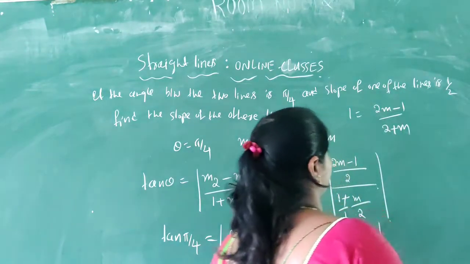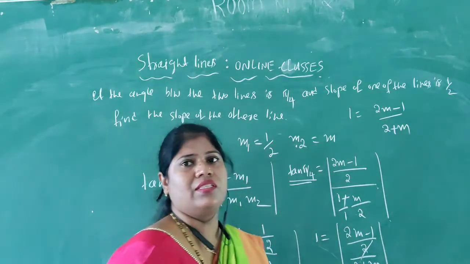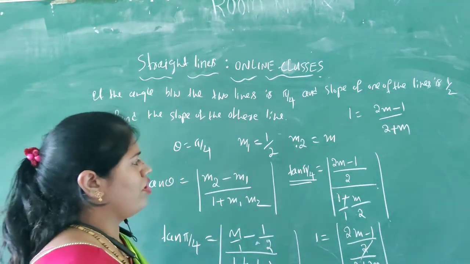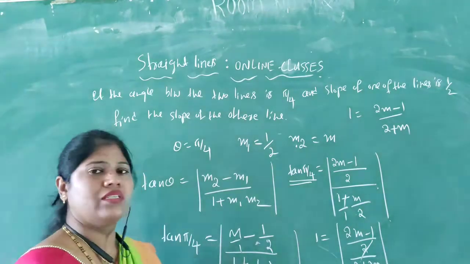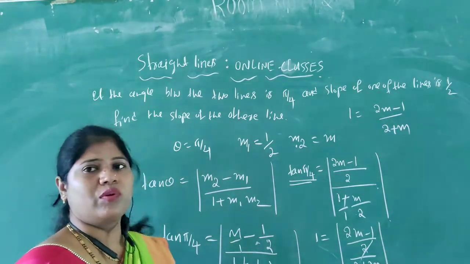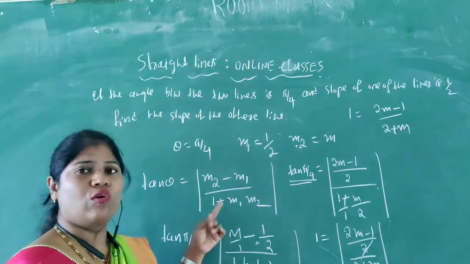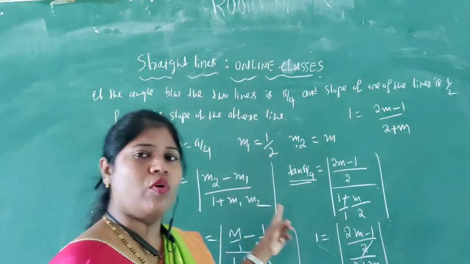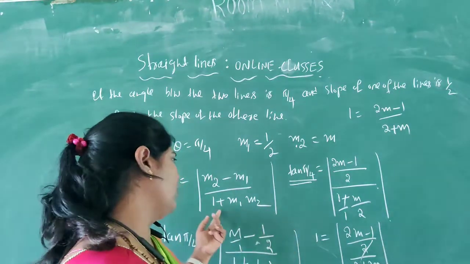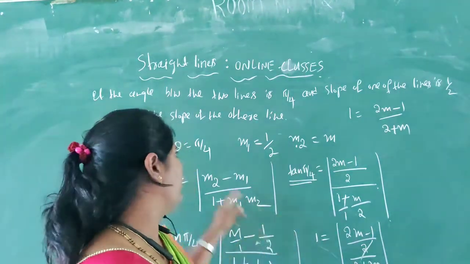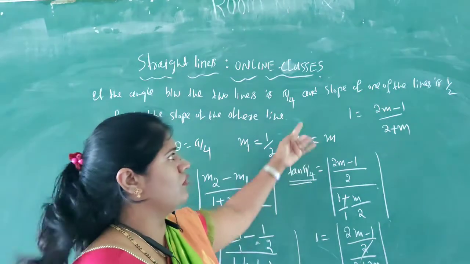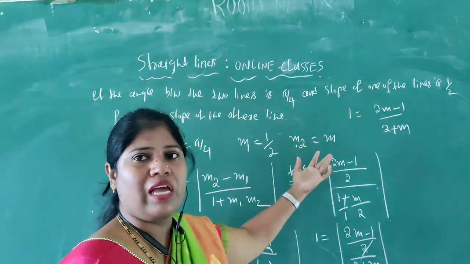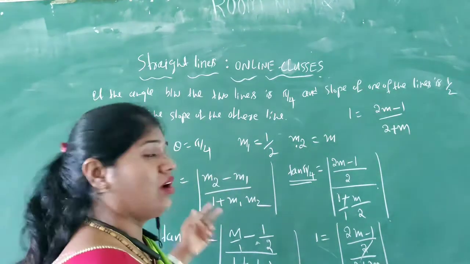Okay. So it is very easy. So till here what you have done here, this is that theta is the acute angle between the two lines. Its slopes m1 and m2 is given by, so tan theta is equal to modulus of m2 minus m1 divided by 1 plus m1 m2. m1 is 1 by 2, they are given one of the slopes, and m2, let me call it m, and theta also they are given.